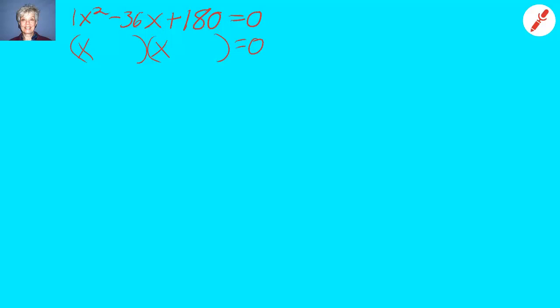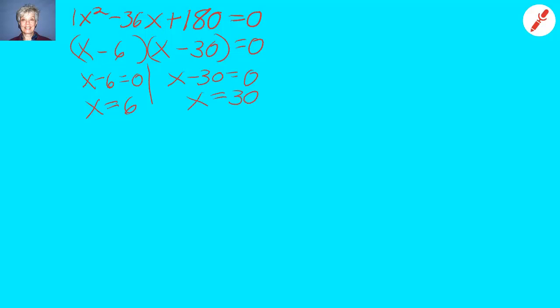So that'll be minus 6 and minus 30. So x minus 6 equals 0, and x minus 30 equals 0. So x equals 6, and x equals 30.